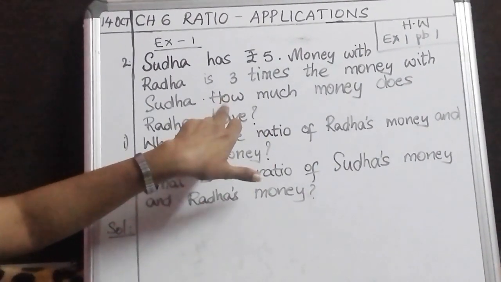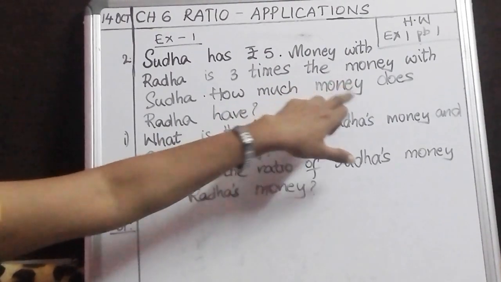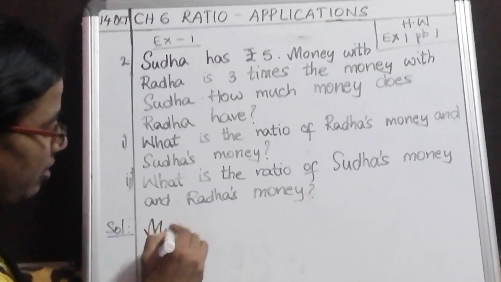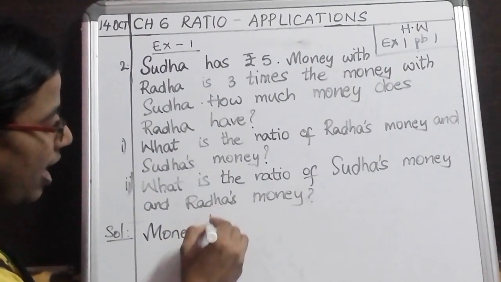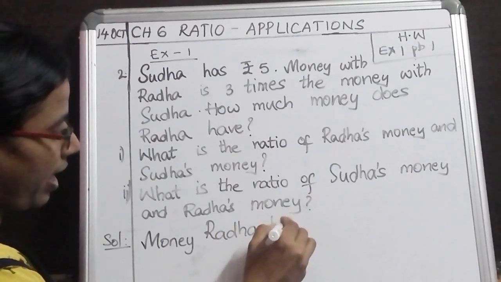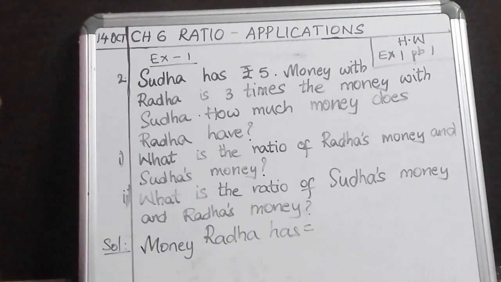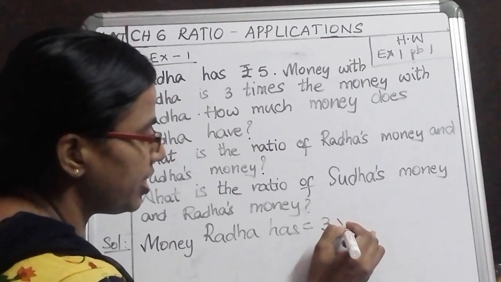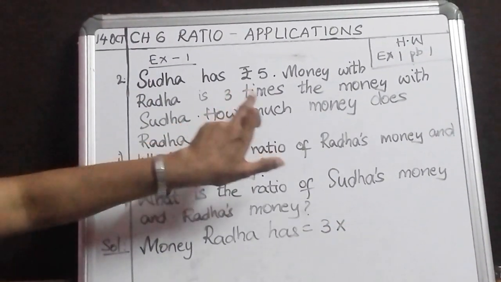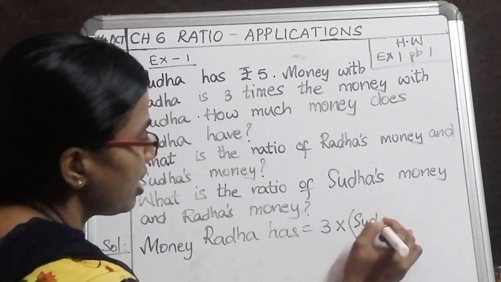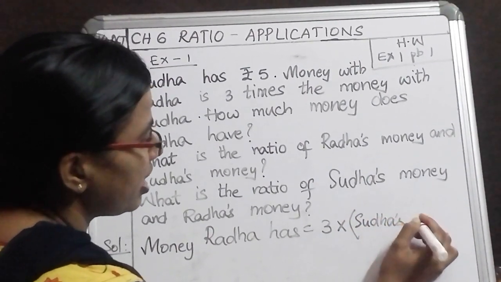So the first question we have is, how much money does Radha have? So money Radha has is equal to 3 times. Whenever times is given, it is multiplication. 3 times the money of Sudha. I am writing it as 3 times Sudha's money.